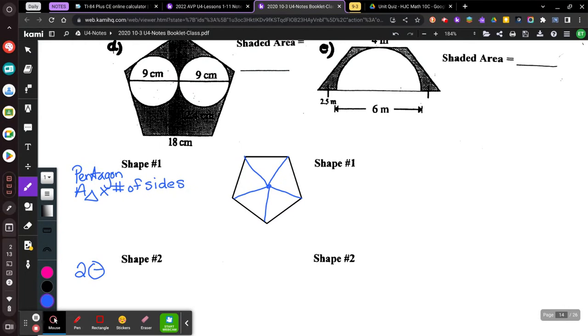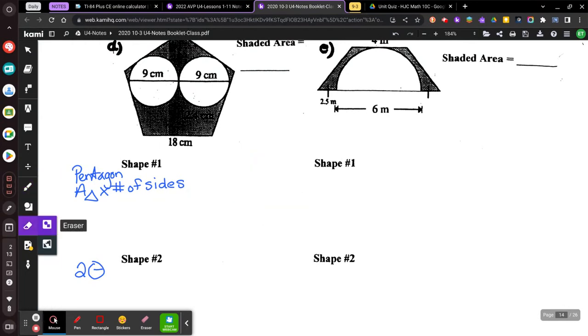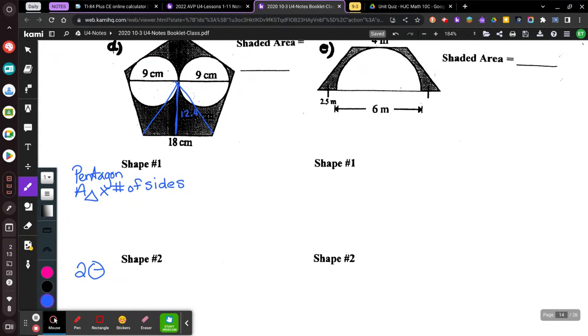So let's do this pentagon question. For our pentagon, I'm going to draw my triangle right here and my height of my triangle. You guys can't see it, but it's a 12.4. That's what the height is.